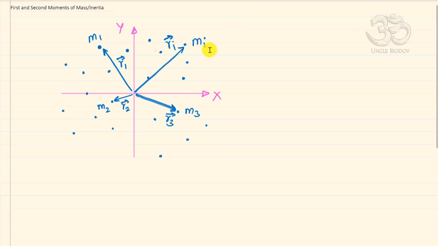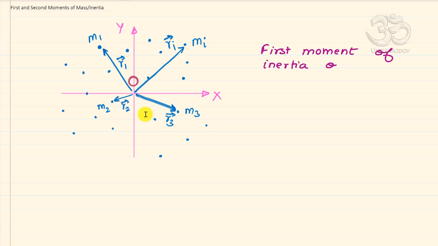Now, the first moment of inertia of a mass mi about the origin, about O in this case. So the origin here is a point O, and let me write the first moment of inertia of a mass mi about a point O. And this point O can be any point which you choose, and in this example that I have chosen, this point O is the origin.